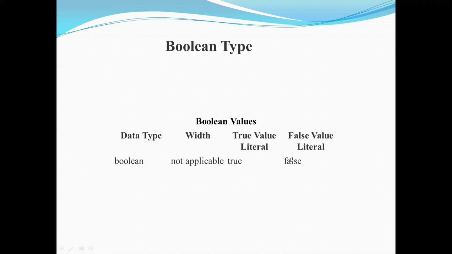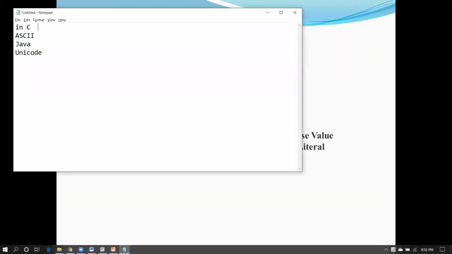You cannot replace true with 1 and false with 0, as previous languages like C and C++ support. In C, 0 means false, and any positive or negative number represents true, in C programming or in C++.